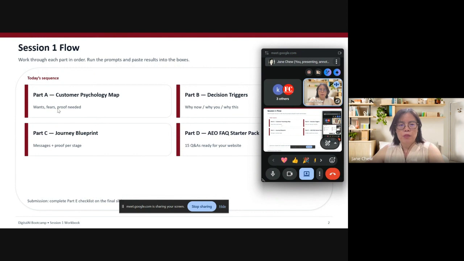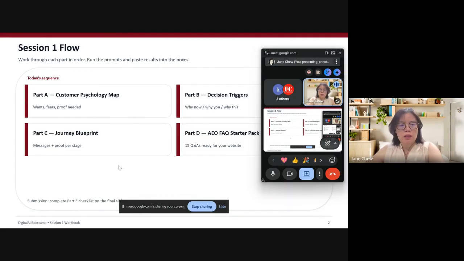And then from parts A and B, once you have it, we can look at the journey blueprint. And then of course, what should be included in your AEO. For example, if you are writing blog posts or having a landing page, what are the AEO elements that need to be there in order to attract AI to recommend your website? That is called AEO.